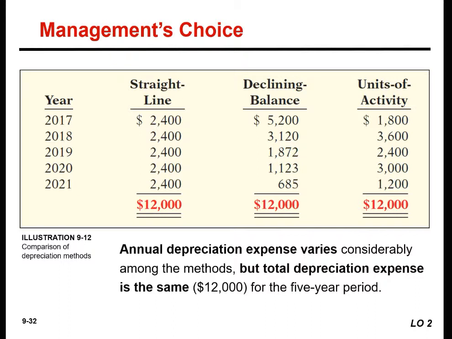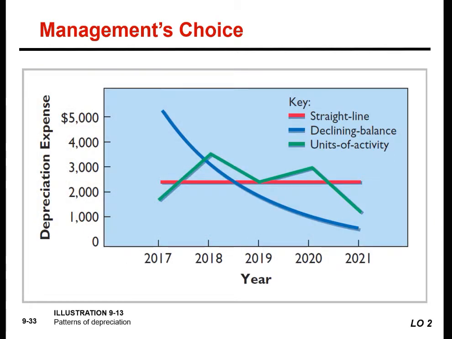Management needs to choose the appropriate depreciation method for the asset because the total after the life of the asset will be the same, but how much is claimed in which year is going to be different. So as you can see here, graphically, over the course of a useful life, what the difference can be related to the method of depreciation chosen.